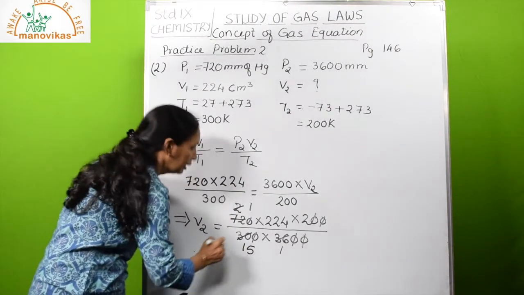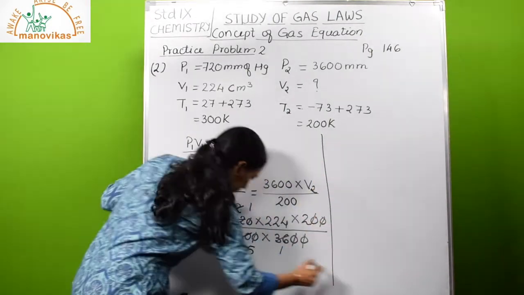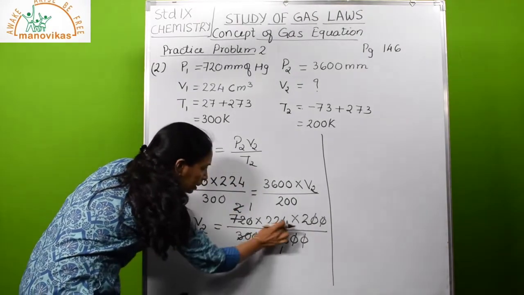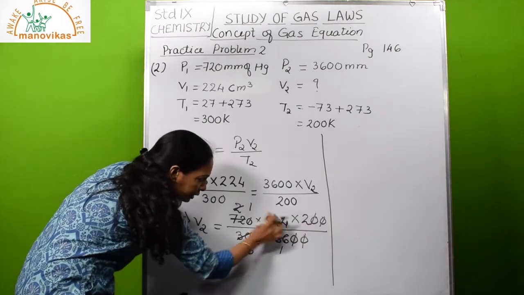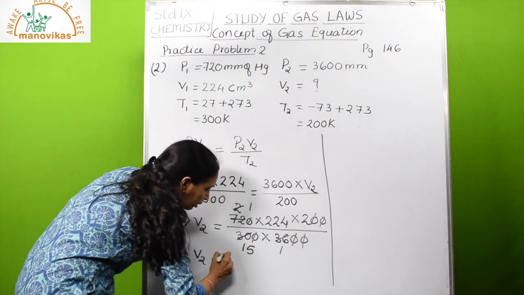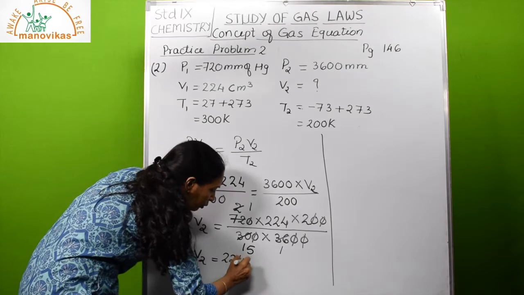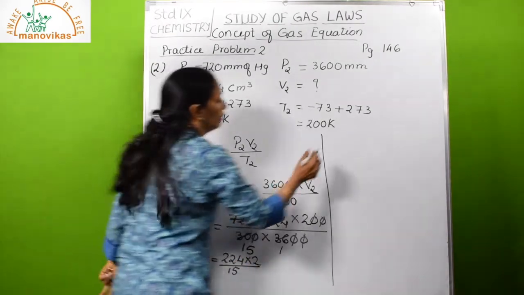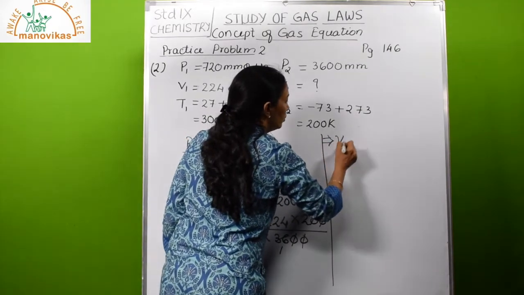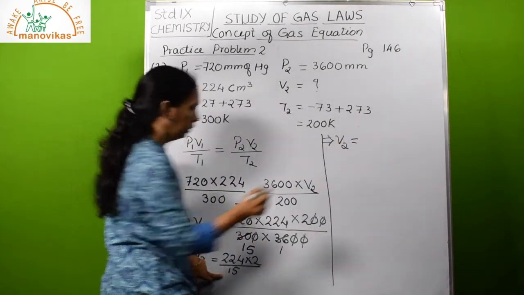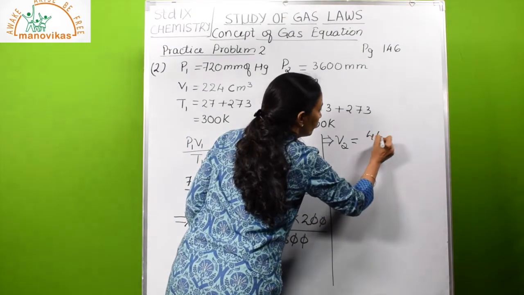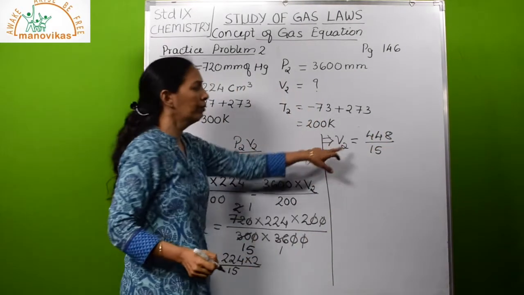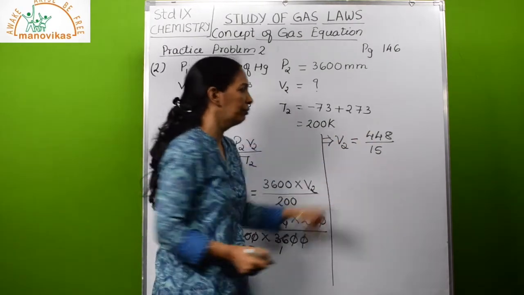Then further V2 is equal to this 2 into 224. So you can write 224 into 2 upon 15. That will be V2 is equal to 448 upon 15.